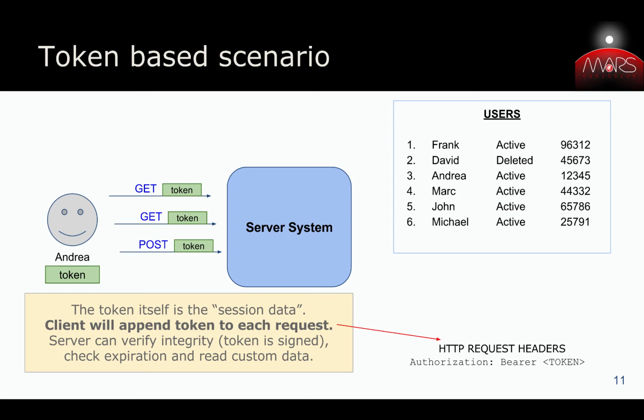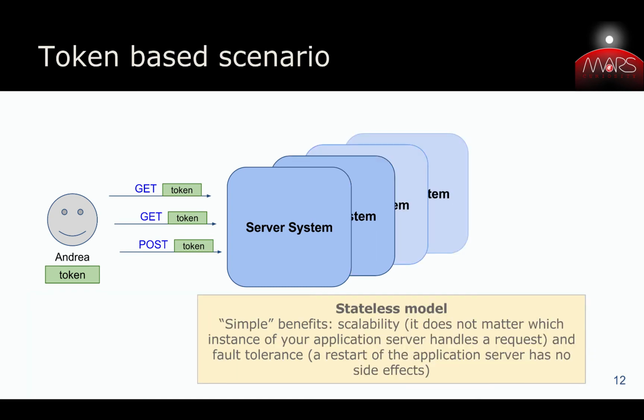The main benefit we can get is scalability, because if everything we need to produce the response comes within the request, there's no need to know which instance of your application server will handle it.